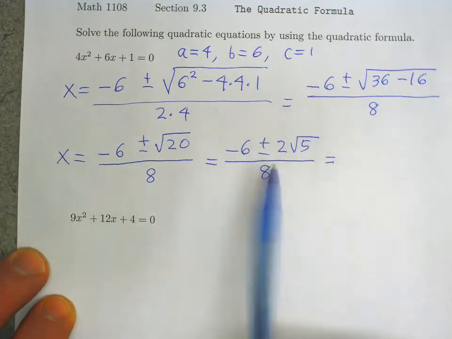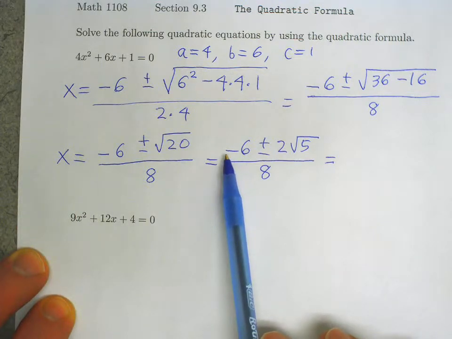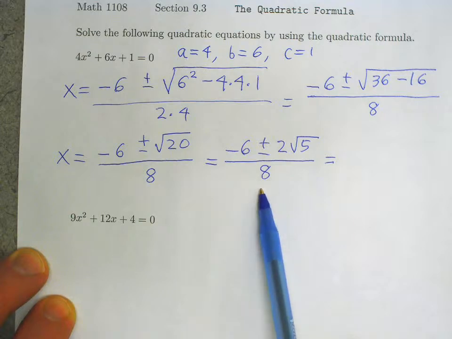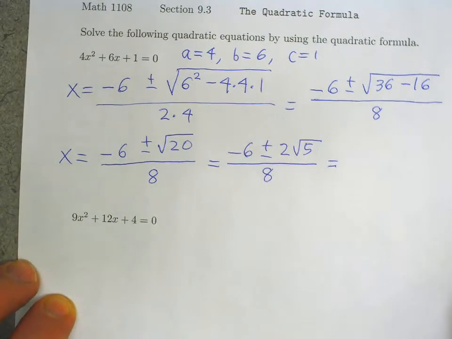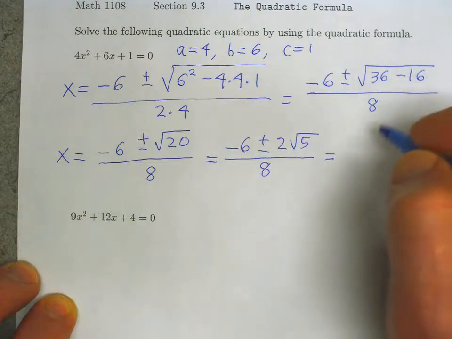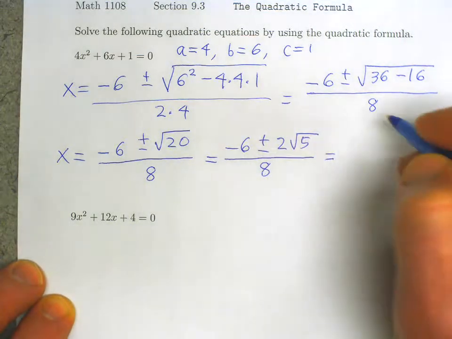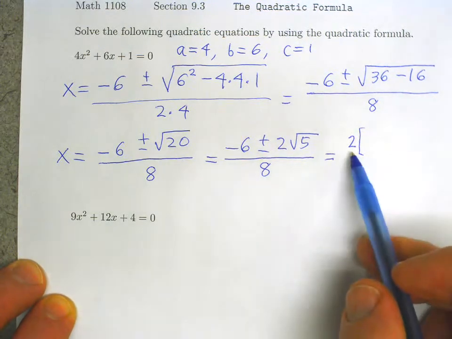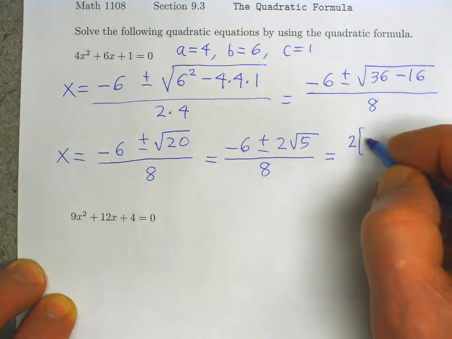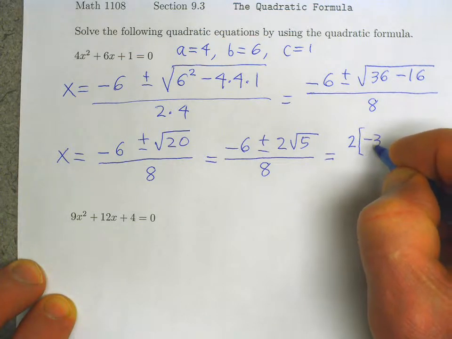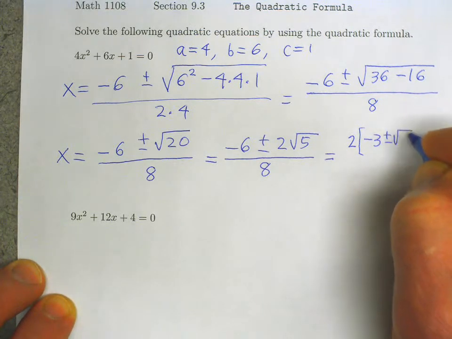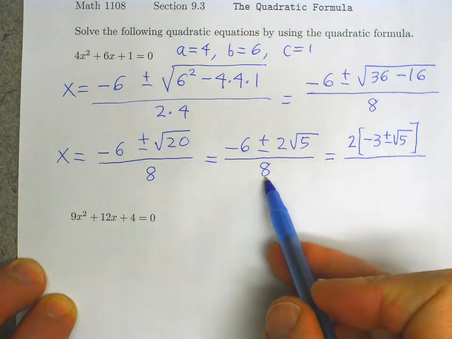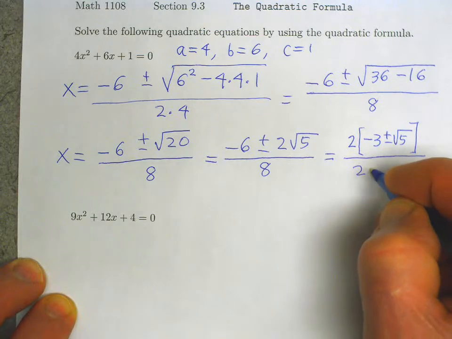So, in other words, when you look at -6 and 2 times the square root of 5 and 8, the greatest common factor of those is 2. So out of the terms in the numerator, I'm going to factor out 2. And when I factor 2 out of those, on the inside of the brackets, I'll have -3 plus and minus the square root of 5. And then in the denominator, I'm going to replace 8 with 2 times 4.